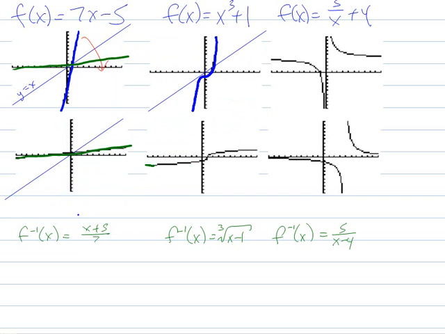Then I have my inverse, like that. Now I'm claiming that my inverse function looks just like my original function, except flipped over that y equals x line.